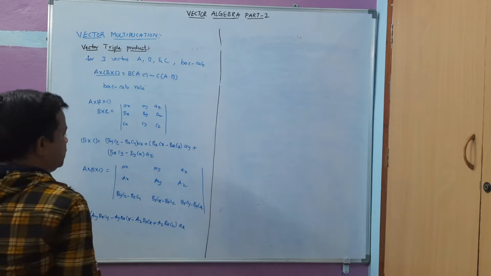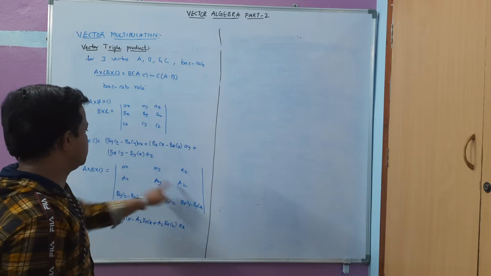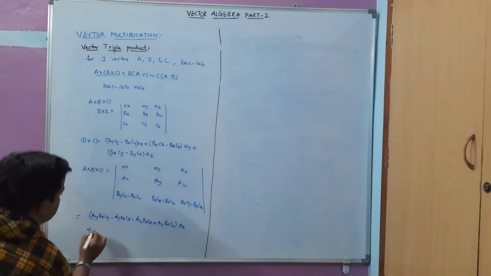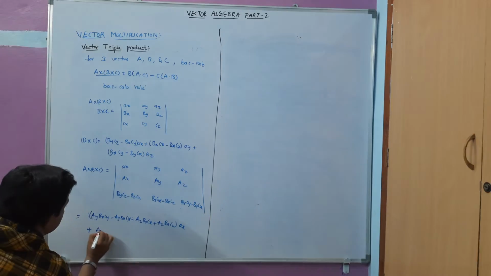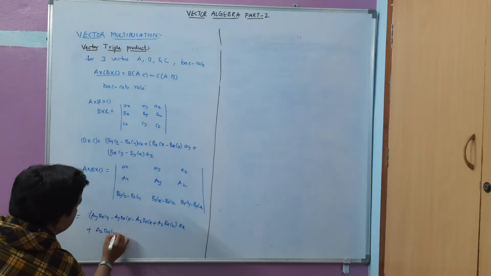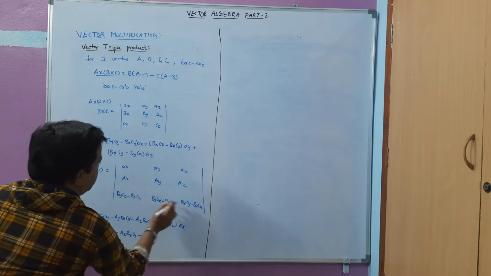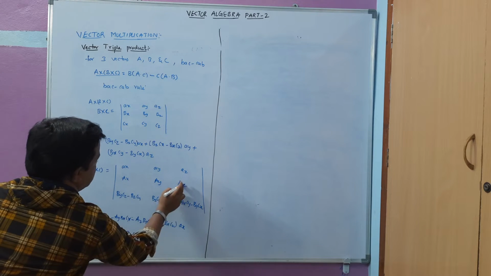Plus, next for AY, instead of this one I will take this one into this: AZ BY CZ minus AZ BZ CY, minus AX into this minus this.